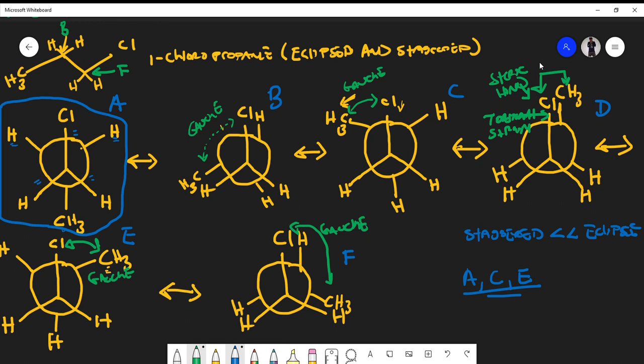We spoke about torsional strain or steric hindrance, or steric hindrance leading to torsional strain. But structure A again has no Gauche interactions. There is no steric hindrance. There is no torsional strain. So it will actually be the lowest energy. Also concluding that, given the fact that it's also staggered, any staggered conformation, like we said before, should be lower in energy than any eclipse version.